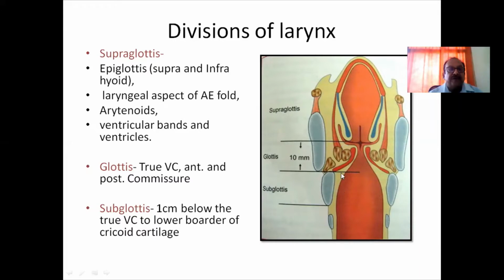And the subglottis, the area beneath the two vocal cords extending 1 centimeter below the two cords. The supraglottis comprises of the epiglottis, laryngeal aspect of aryepiglottic folds, arytenoids, ventricular bands, and ventricles.